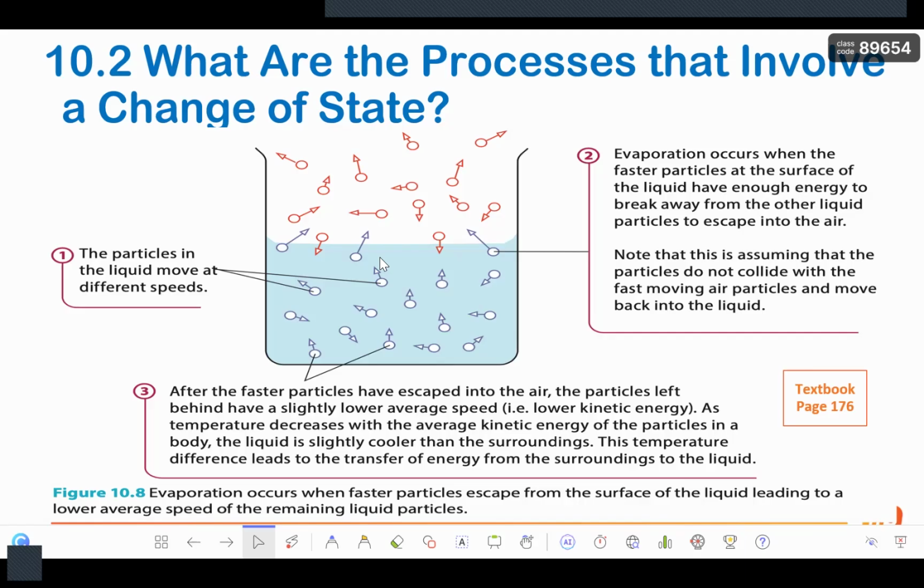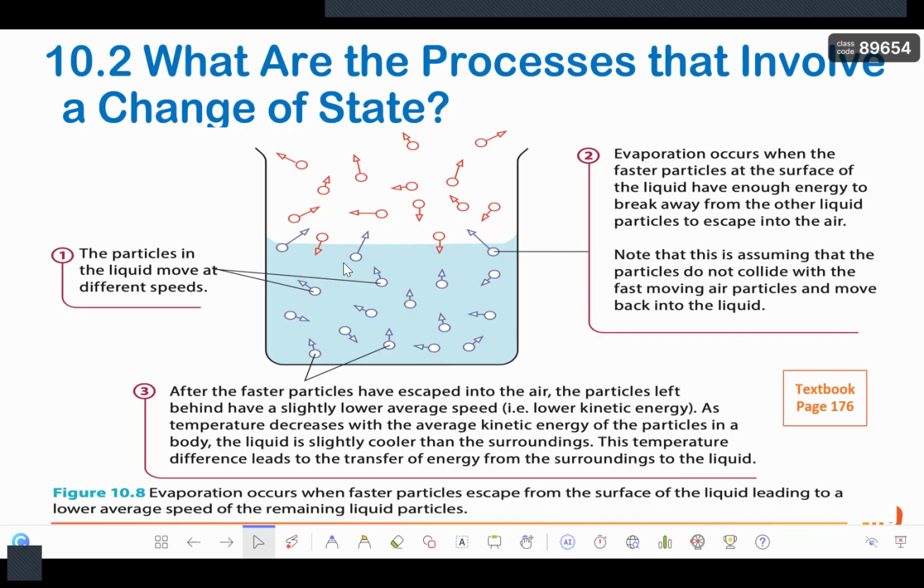But usually evaporation occurs when the faster moving molecules are at the surface of the liquid. The ones at the surface usually have slightly more energy because they are able to absorb some energy from the surroundings. So they have a little bit more kinetic energy. Those particles with a little bit more kinetic energy, you can see, have a longer arrow.